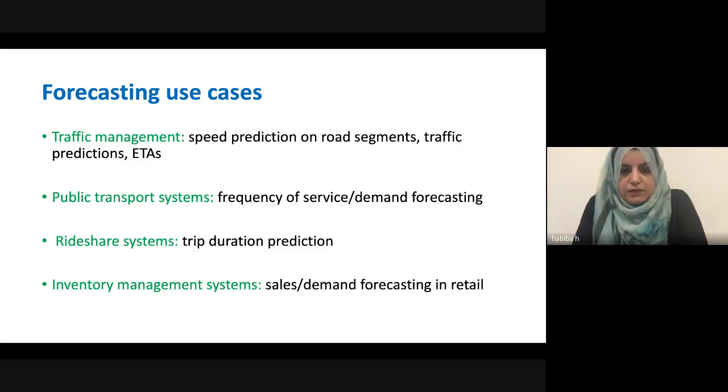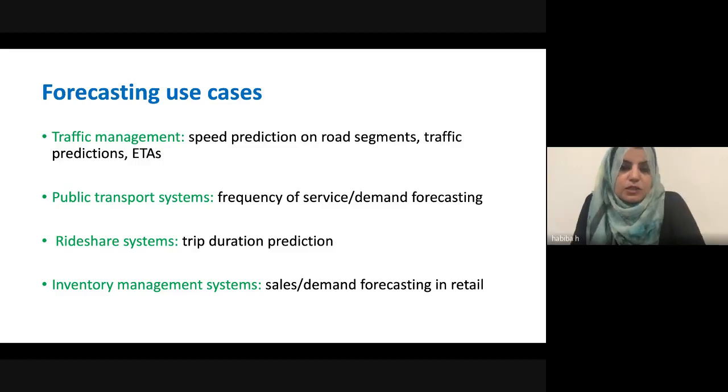The question was, can we forecast what the traffic would be like in the next 15 minutes, 30 minutes, 45 minutes, 1 hour? And the more interesting question was, what happens when we have incidents like an accident, or a road segment closing because of construction, or traffic jams and whatnot? How would that affect the forecast of the speed?